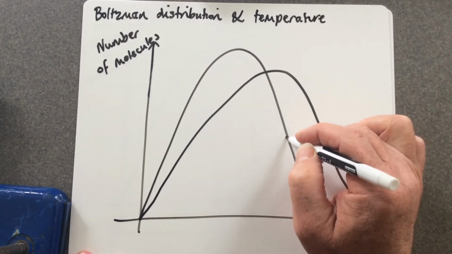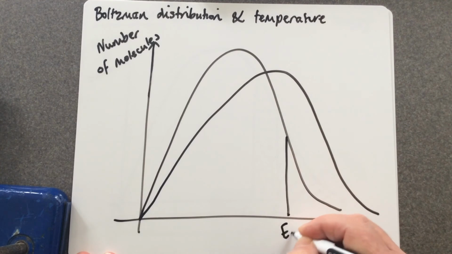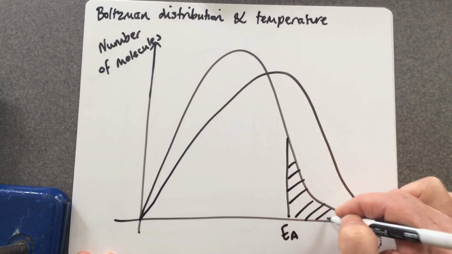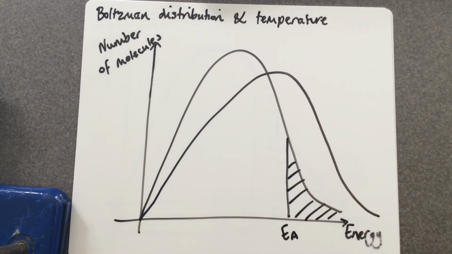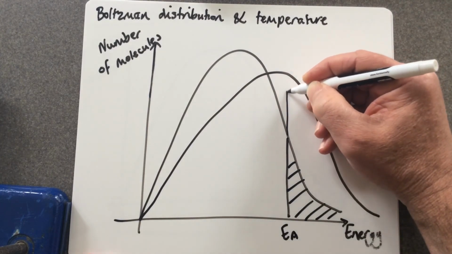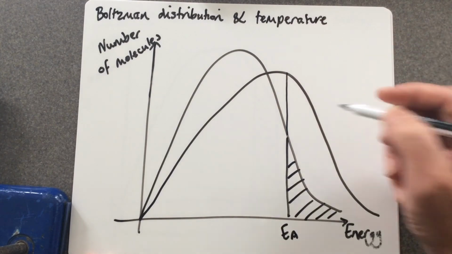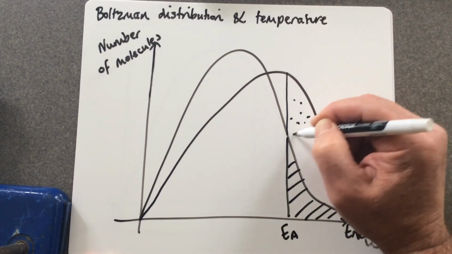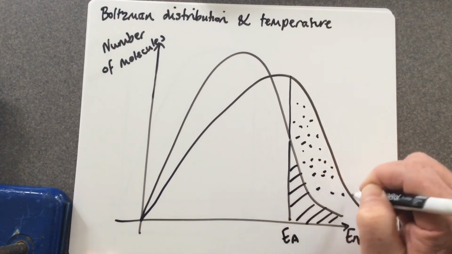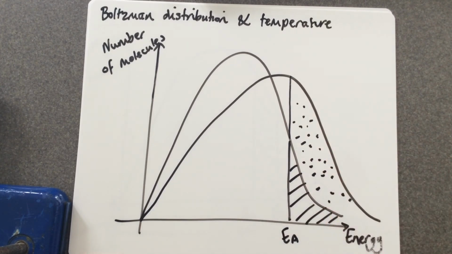If I now think about my original activation energy, this was the number of particles with energy greater than the activation energy which was able to react. At a higher temperature, the activation energy remains unchanged, but we can see there has been a massive increase in the number of particles with energy greater than the activation energy.